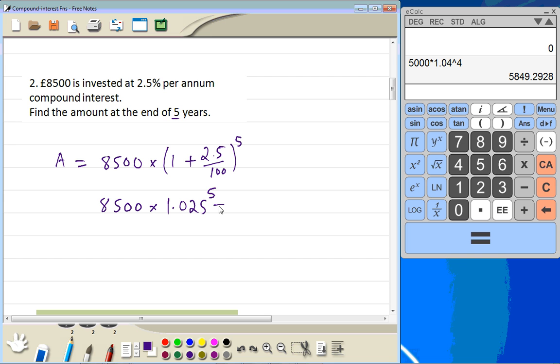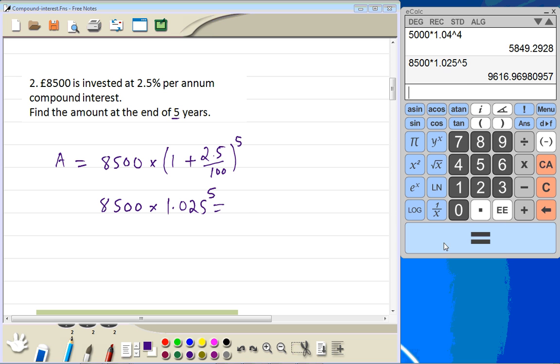Then we raise to the power 5. So 8500 times 1.025 raised to the power 5 equal 9,616, then 97 pence.